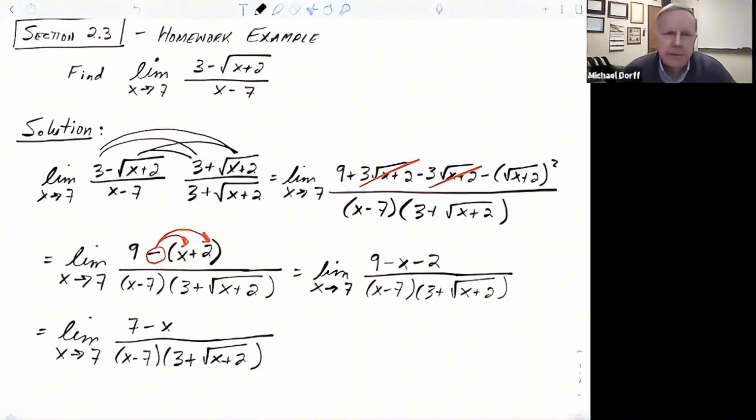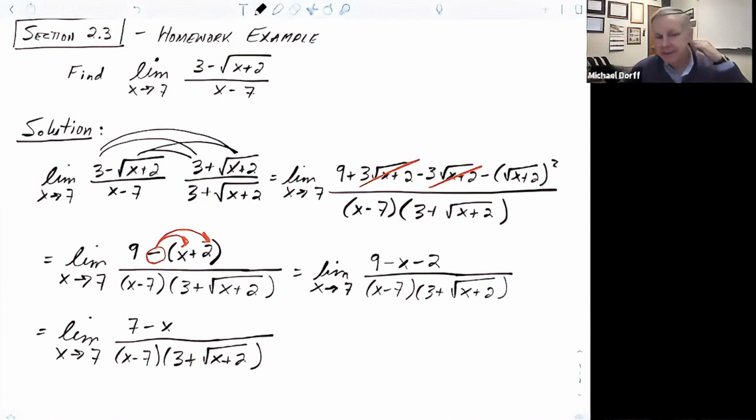Now, notice that the original problem said the limit as x was going to 7. Because I got 0 over 0 when I did the substitution method, in other words, when I put in x equals 7, it means I should be able to get an x minus 7 in the denominator and an x minus 7 in the numerator, and then those would cancel out and I could get my final answer.